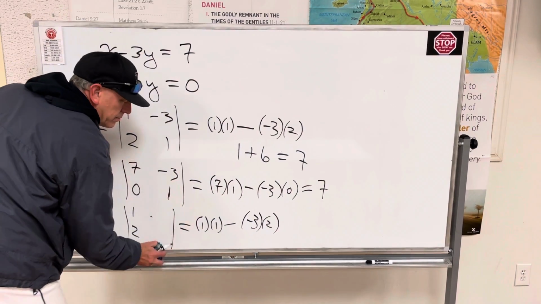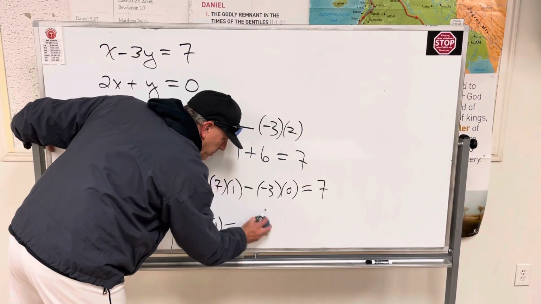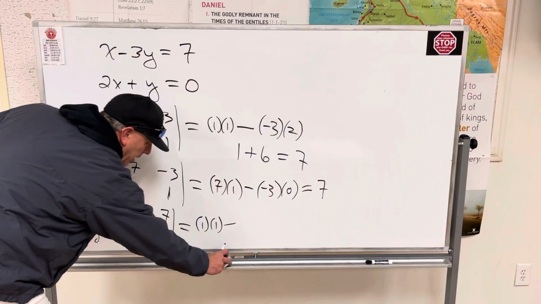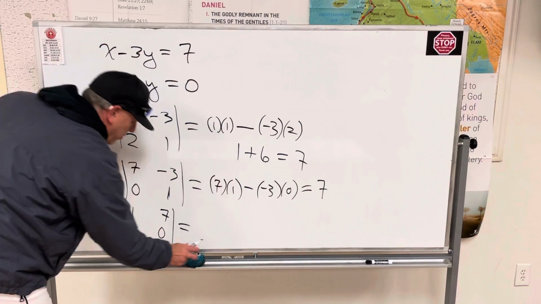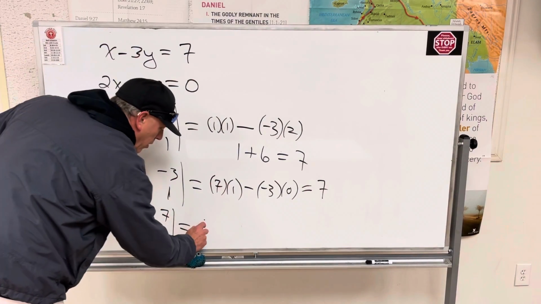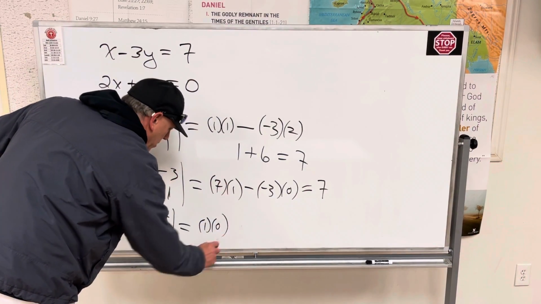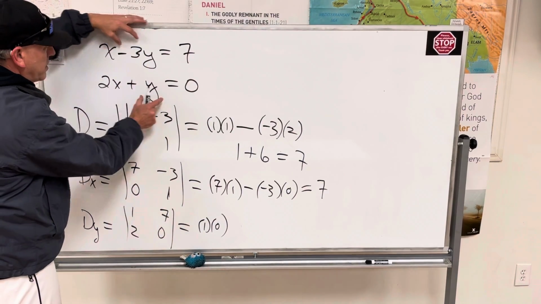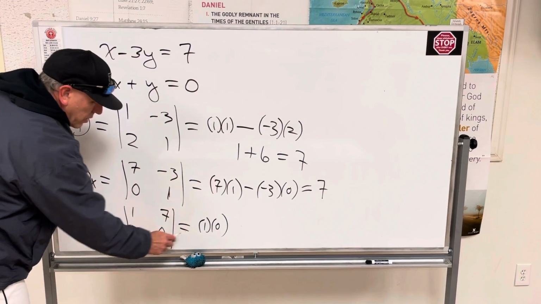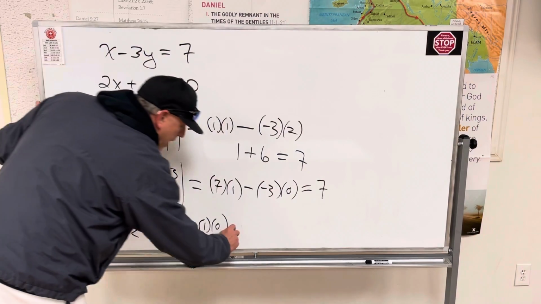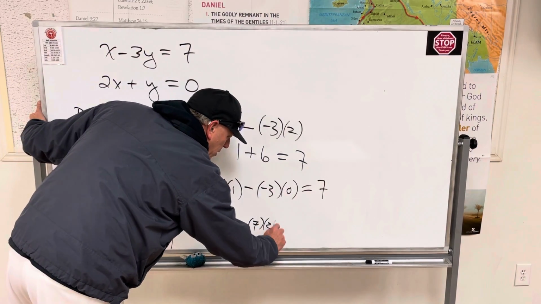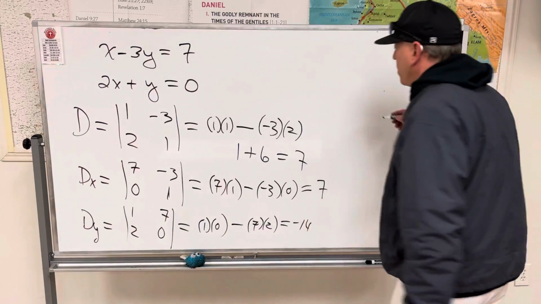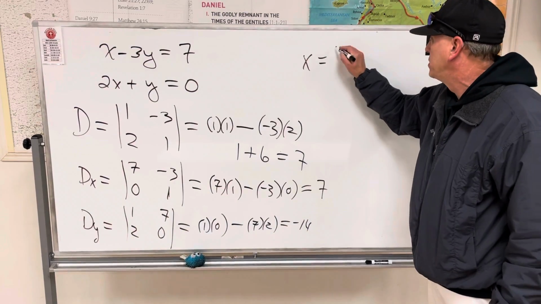We have to write the answers in: 7 and 0. Okay, that's better. I was like, what is going on here? So I'm supposed to write 1 and 2 for x, and 7 and 0 in for y. So we have 1 times 0, which is 0. Minus 7 times 2 gets us minus 14.